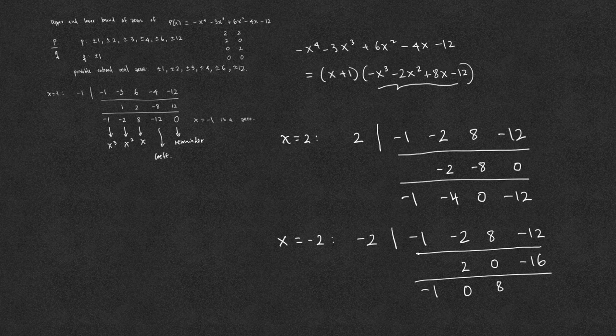And negative 16 plus negative 12 is negative 28. And so x equals negative 2 is not a real zero. And again, each time we want to check to see if the last row has no negative numbers at all, or at least the signs are alternating between non-positive and non-negative. But in this case, none of those features is present. And so we would keep going.